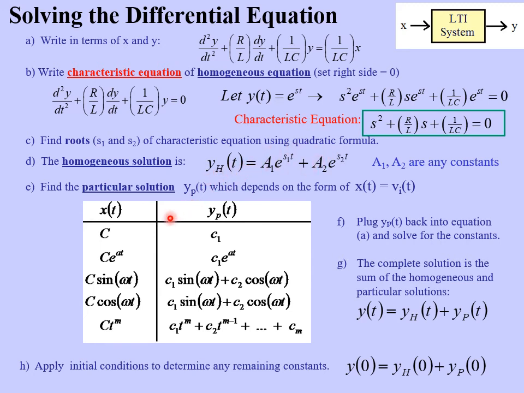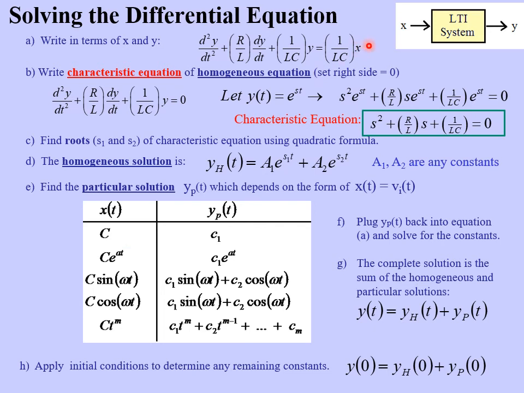Now, to find the particular solution, we have to look up here and see what's on the right side of this equation. Now, in this example, we're not given what x is. So, if x was just a constant voltage or something, then we're going to use this form here.